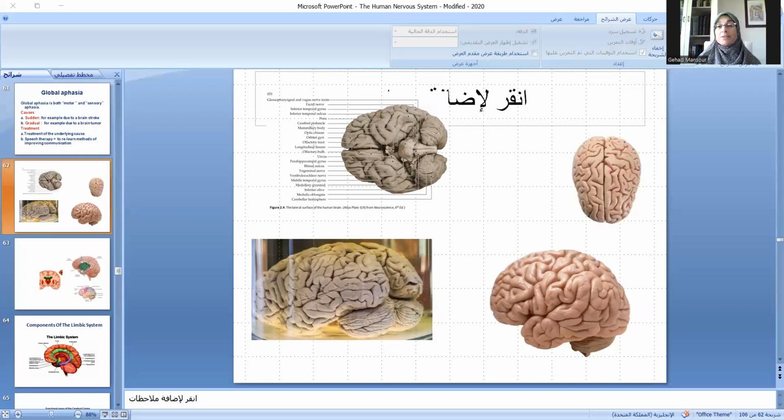The last thing I would like to talk about, and I almost covered the main functions of the brain, is the frontal lobe, the brain stem and the cerebellum, but very rapidly.